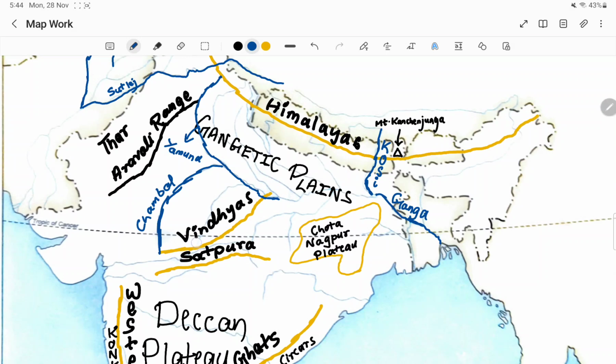Right below it lies the Betwa River. After this comes the Damodar River. So this is the Damodar River. Easy point to remember is that Damodar River touches the Tropic of Cancer.